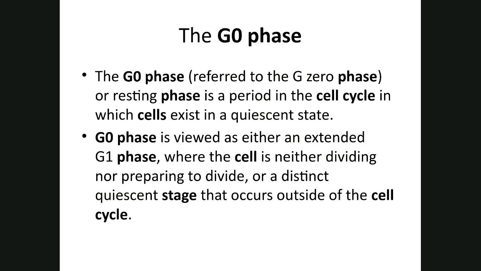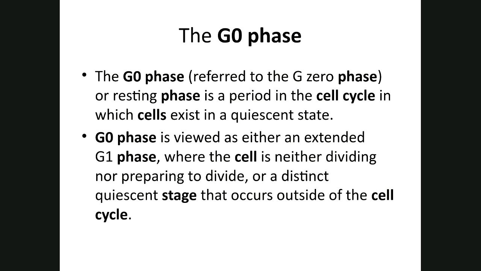The G0 phase is viewed as either an extended G1 phase, where the cell is neither dividing nor preparing to divide, or a distinct quiescent stage that occurs outside the cell cycle.